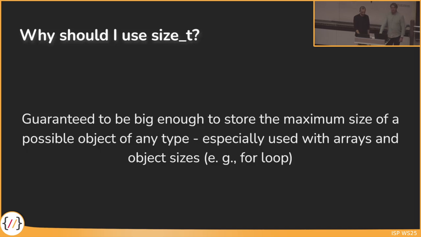And this is quite useful for arrays, but also for example loops, because it would be really bad if we would assume a positive value and then there's a negative value and we have an infinite loop. So that's why it always makes sense to use size_t when we work, for example, with arrays and also with dynamic memory.